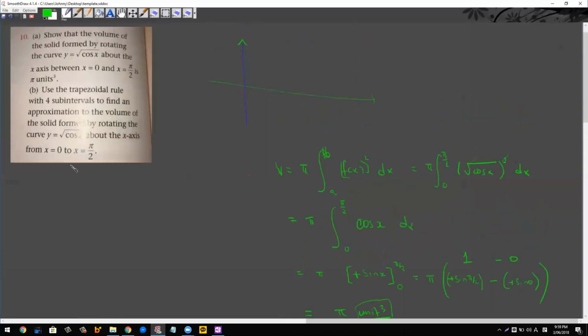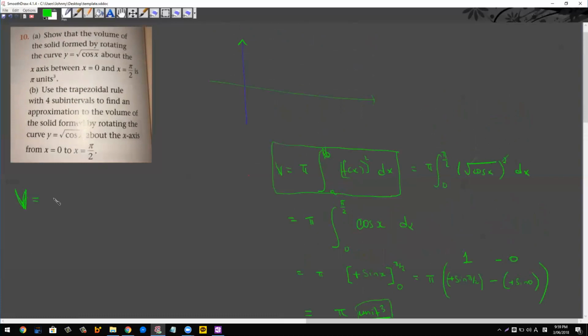Okay, sure. It says use the trapezoid rule with 4 subintervals to find an approximate volume of cosine, blah, blah, blah. So this is the trapezoid rule. So we have to do something like this, right?